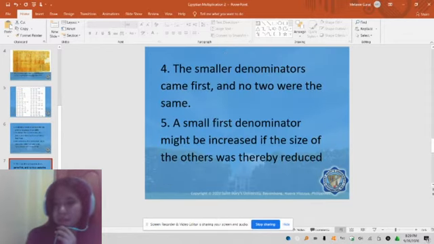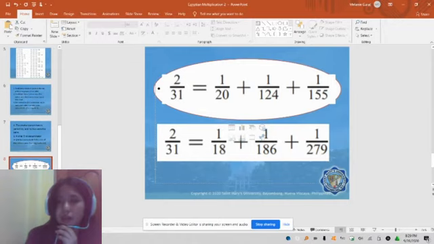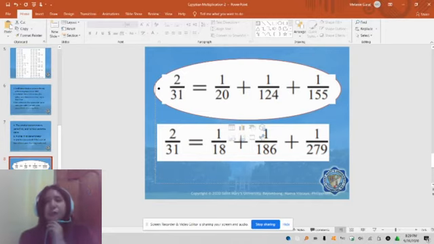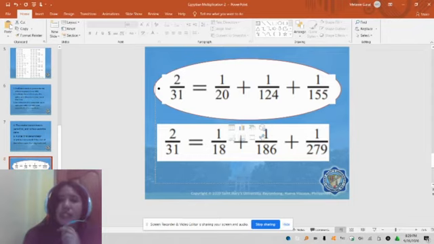Next, we have here two equivalent values of 2 over 31 in unit fractions. Instead of preferring either of the listed ones, they prefer 2 over 31 equal to 1/20 plus 1/124 plus 1/155. The reason is that if we compare it with the second one, it seems that we have higher values of denominators there: 279 compared with 155, 186 compared with 124. So the equivalent value of 2 over 31 here is 1 over 20 plus 1 over 124 plus 1 over 155.